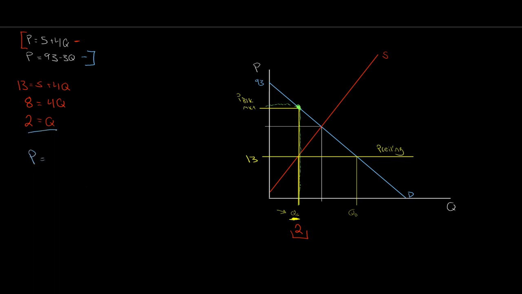So we would have price equals 93 minus 3Q, where Q is 2. So in this case here, we have 93 minus 6. 93 minus 6 yields for us a price of 87. So we get our black market price of 87.